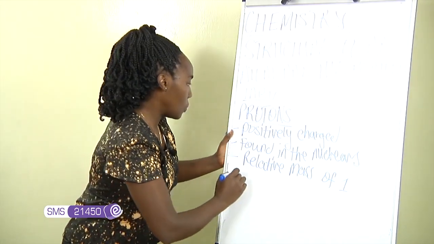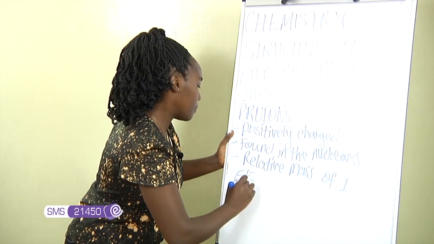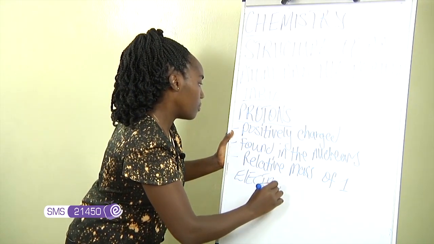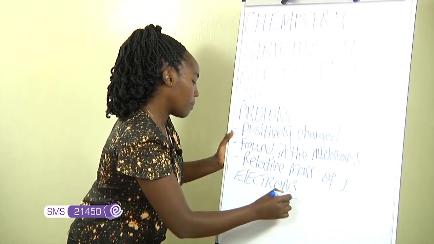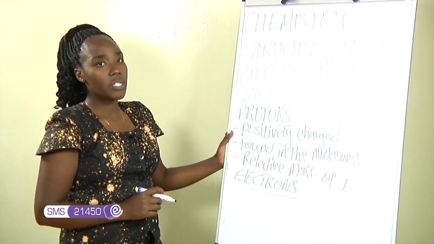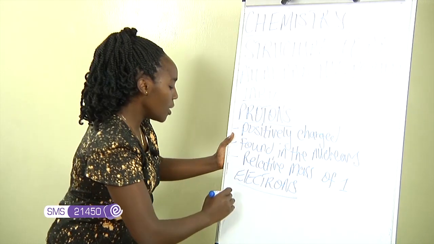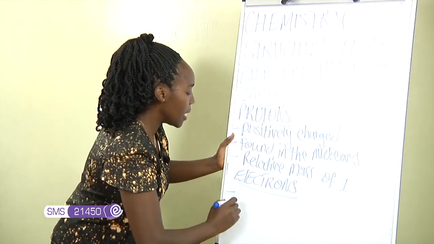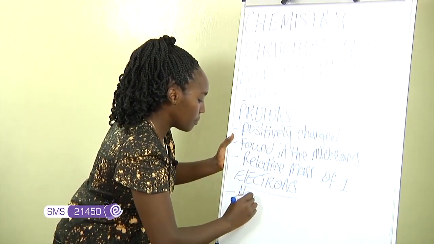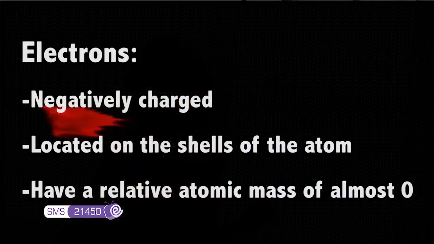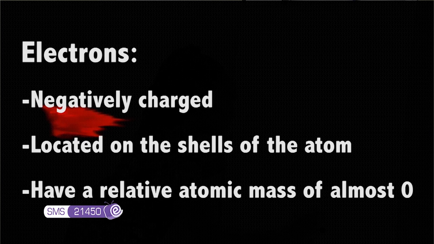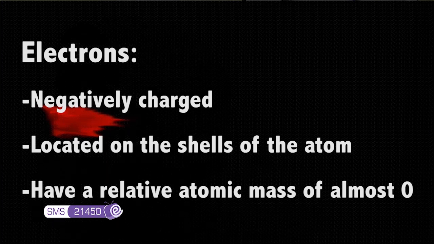We go to number 2, the electrons. Electrons are also found in an atom, and we usually talk of them being negatively charged. They are negatively charged particles that are found in the structure of an atom.